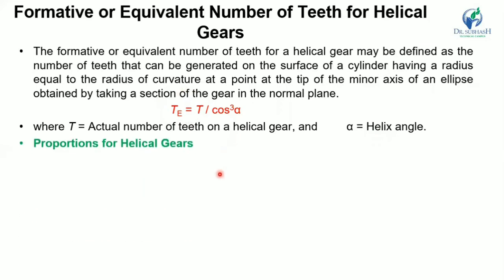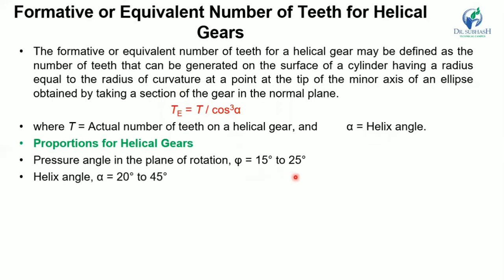Now different proportions for the helical gears. Standard values we have to take during the design of this helical gear. Pressure angle in the plane of rotation phi is generally taken as 15 degree to 25 degree. Helix angle alpha is taken as 20 degree to 45 degree. Addendum is equal to 0.8 m, the maximum value, taken as 0.8 into module.